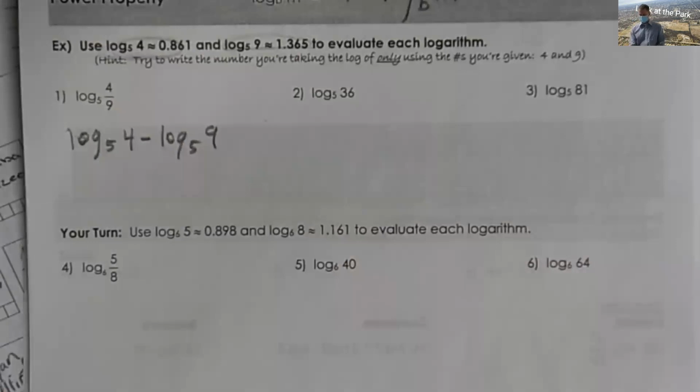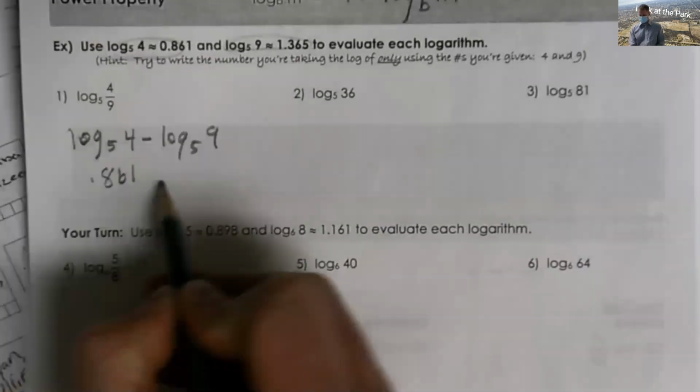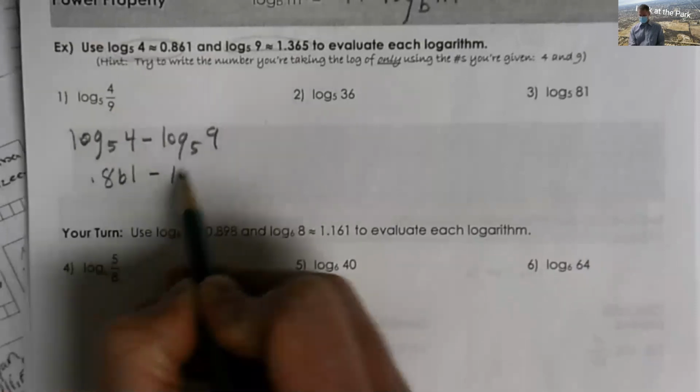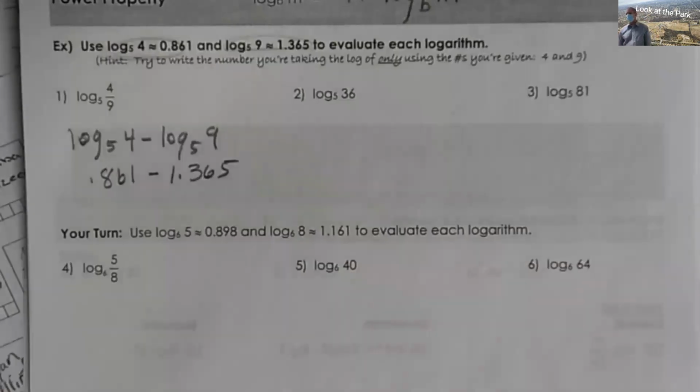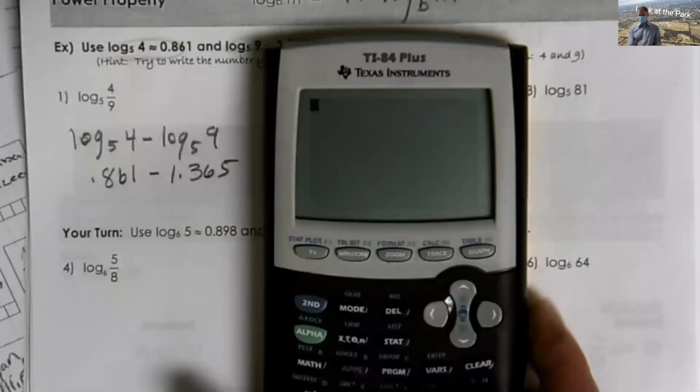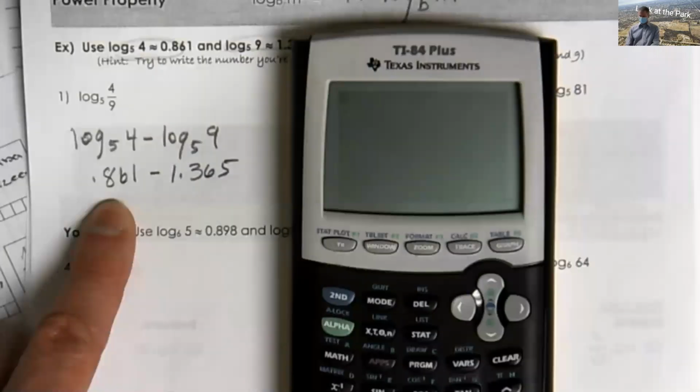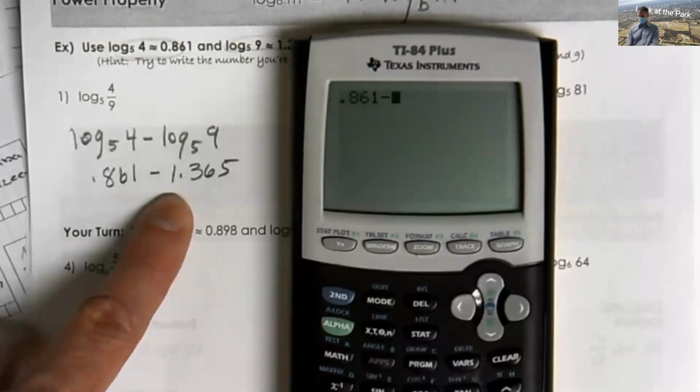So now we can separate those and write them with the decimal versions that they give us from the given information. So the only calculator work we're doing here is adding or subtracting, in this case, subtracting decimals.